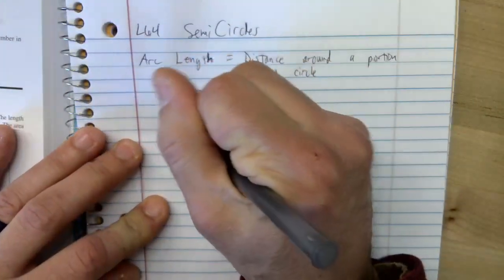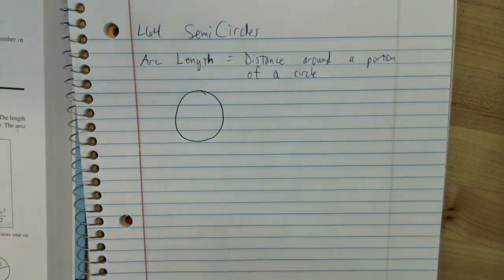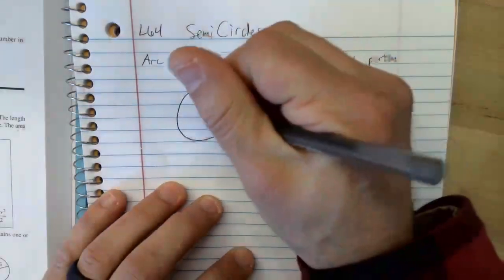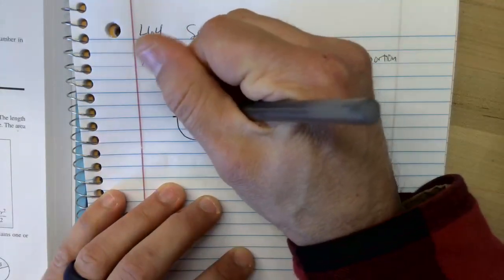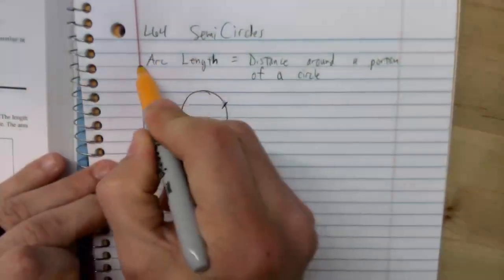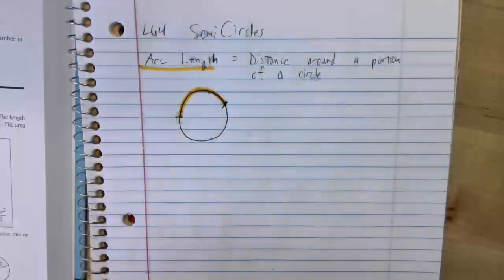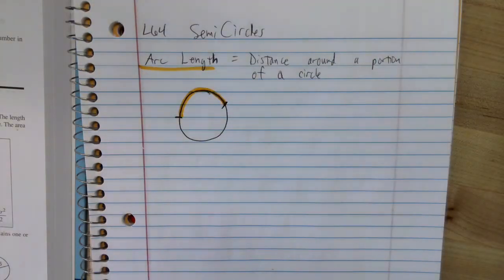So, here's the thing. We have something called arc length. Arc length is a portion of the circumference, okay? Suppose I had a start and stop point here. It's not the entire circumference, but rather only a section. Pizza is the best analogy I have for this.